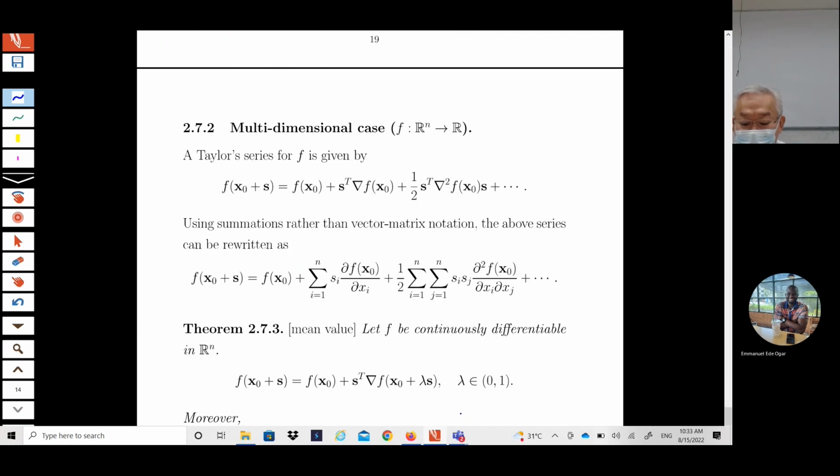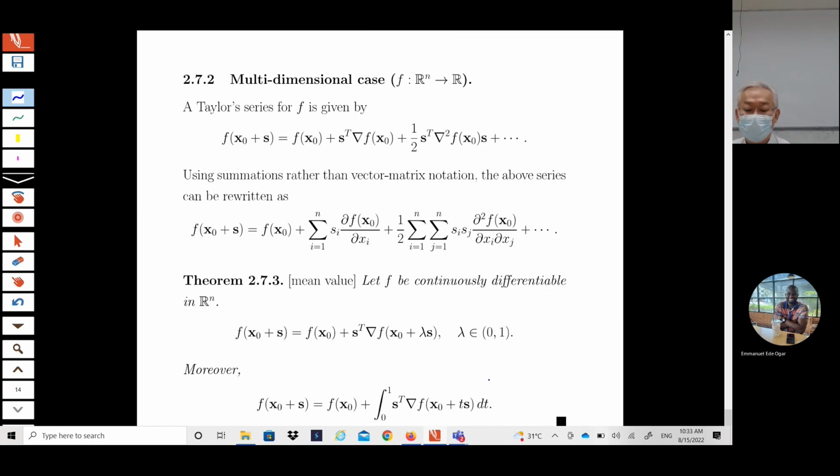Now we see the multivariable case of the Taylor series. In this case, f is a real-valued function of n variables.